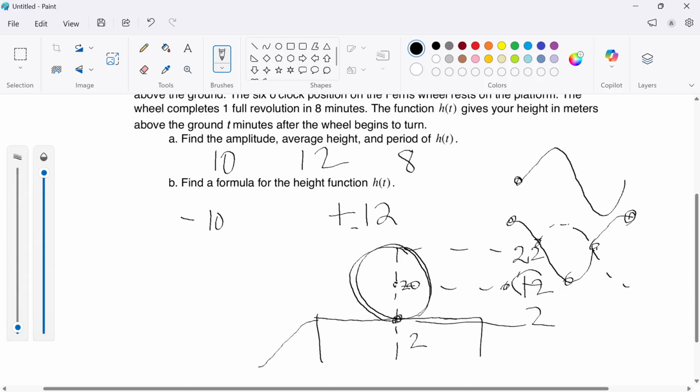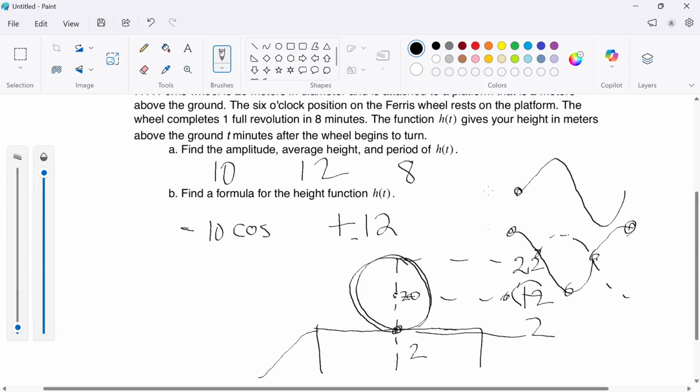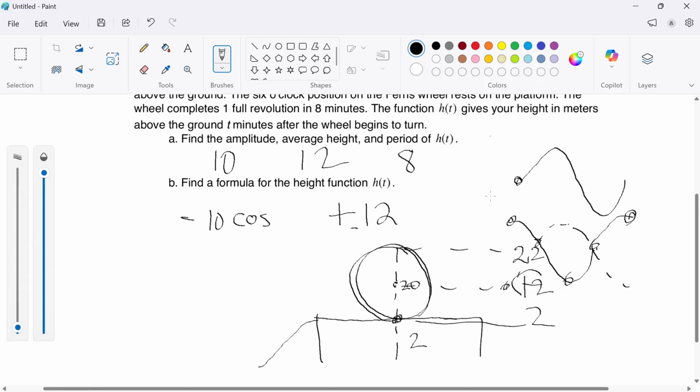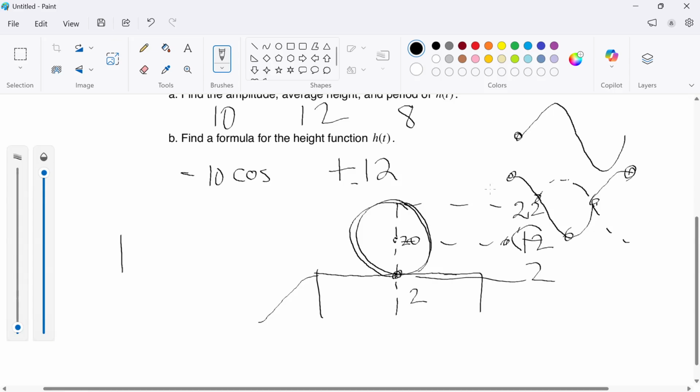I said cosine because normally cosine starts at the high, but negative cosine starts at the low, so that's where the minus comes from. Minus 10 cosine. Now I have to find the B, which is 2 pi over P. B equals 2 pi over 8, which is equal to pi over 4.